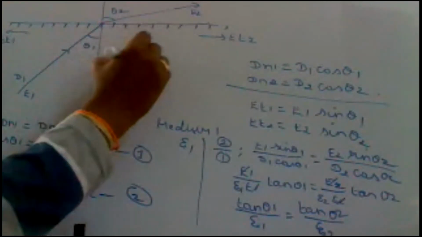Tan theta1 divided by tan theta2 equal to epsilon1 by epsilon2. இதுதான் என்னுடைய final answer.